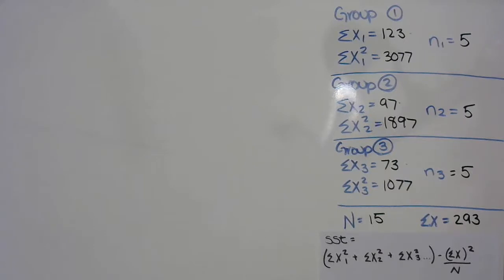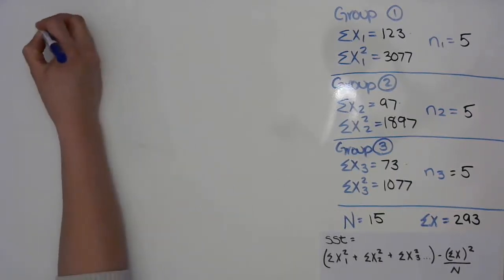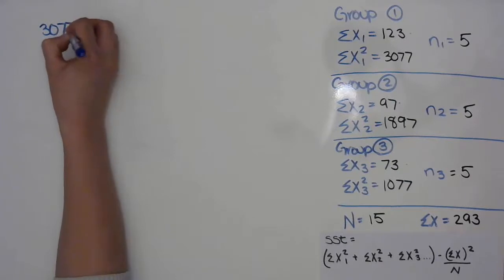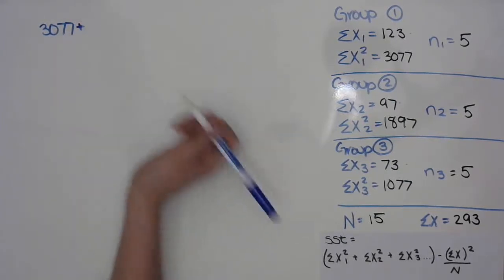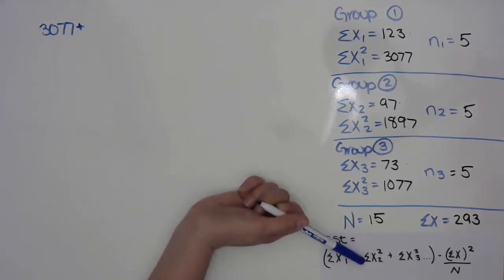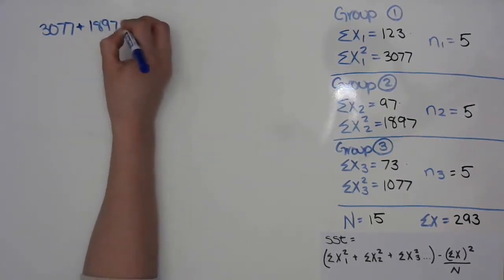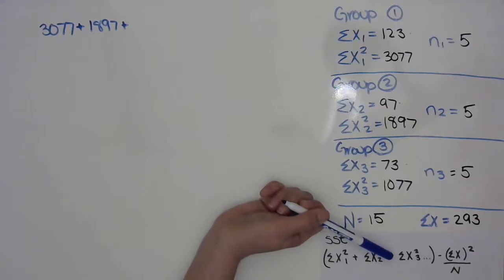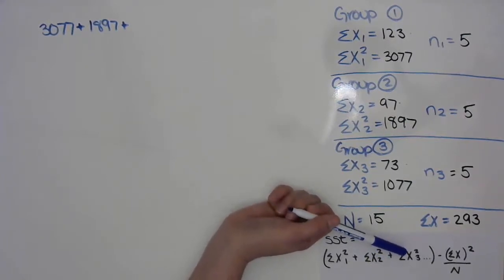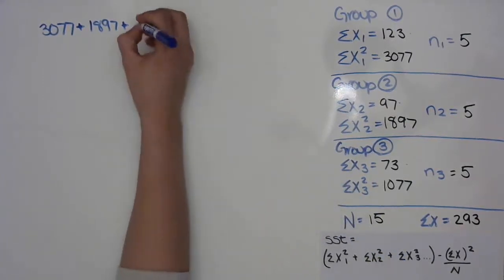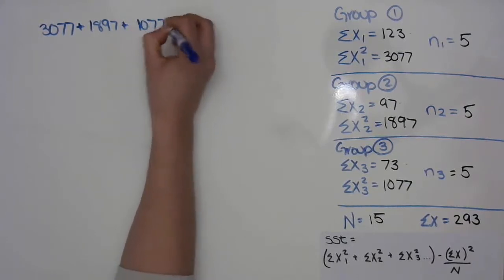Okay, so for SST, we are going to start out by plugging in the sum of the raw scores squared for group 1, which is 3,077. Then we're going to add that to the sum of raw scores squared for group 2, which is 1897, and add that to the sum of raw scores squared for group 3, which is 1,077.